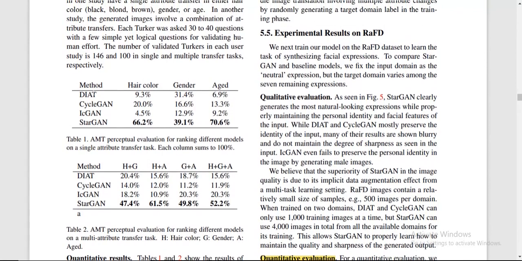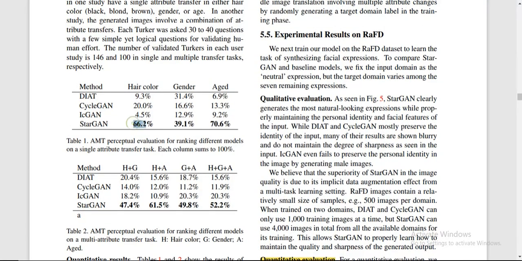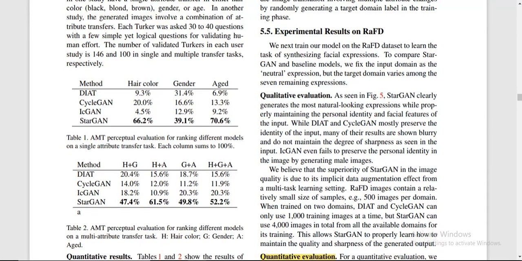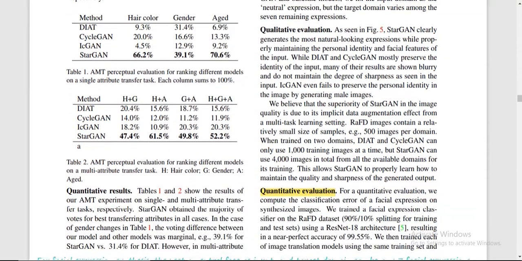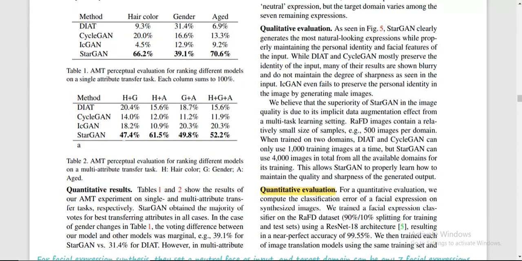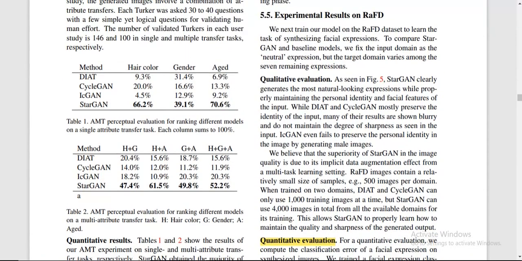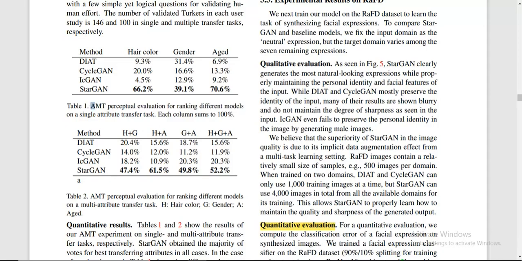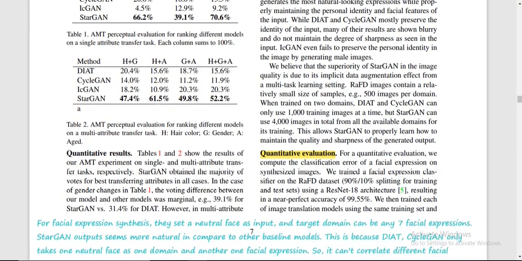Then the 66.2% is for StarGAN on the single attribute transfers, and on the multiple attribute transfers StarGAN has much more than the other architectures, right? So here is a huge difference, right? That is taken by the Amazon Mechanical Turk perceptual evaluations.